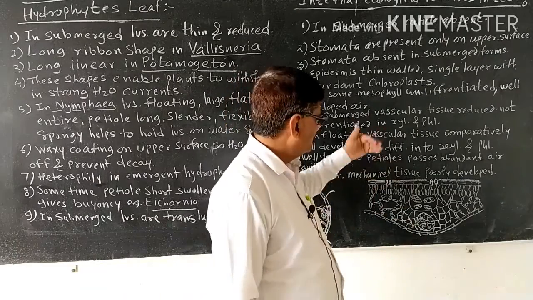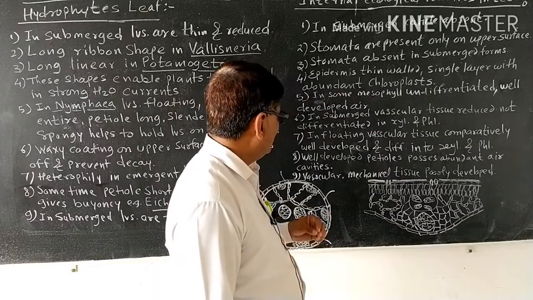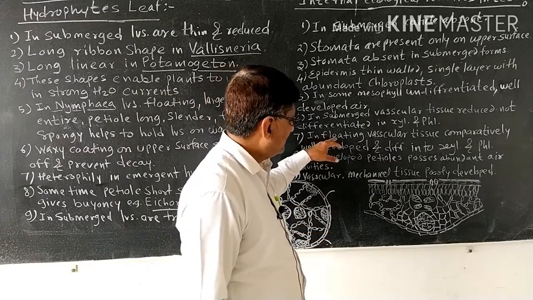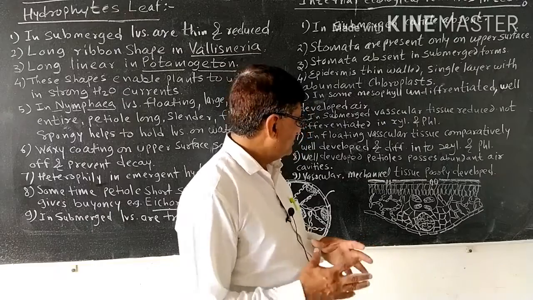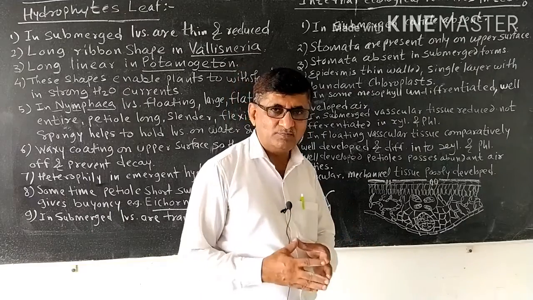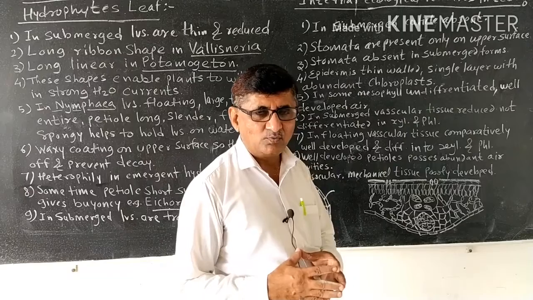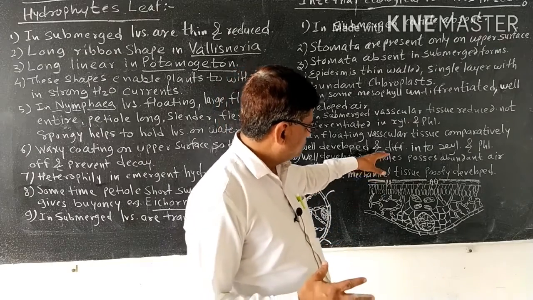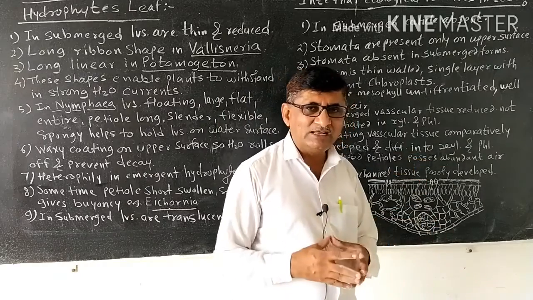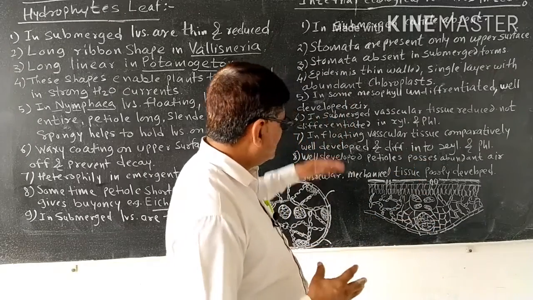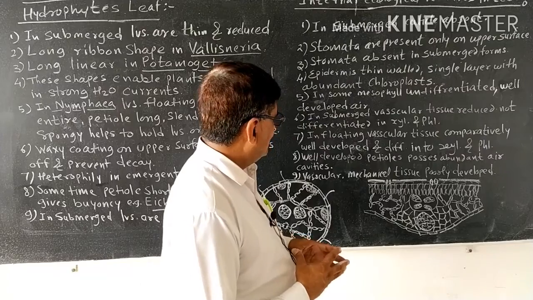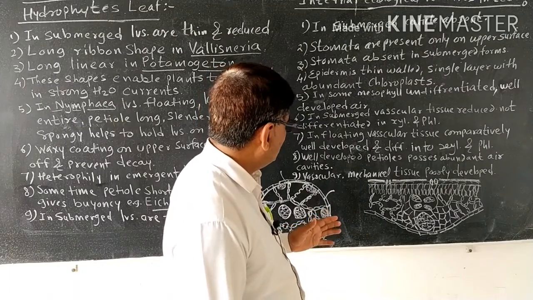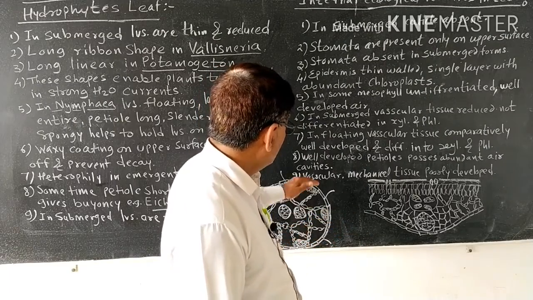In floating hydrophytes, comparatively the vascular tissue is well developed and also shows differentiation into xylem and phloem, but in submerged cases the vascular tissue is totally undifferentiated.